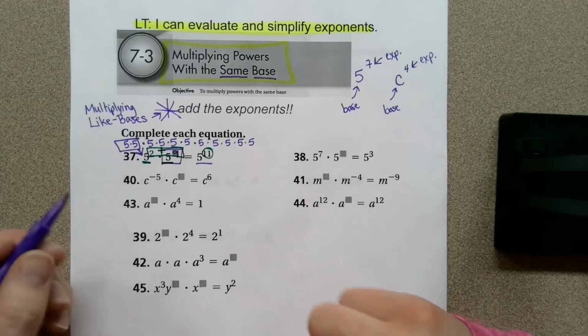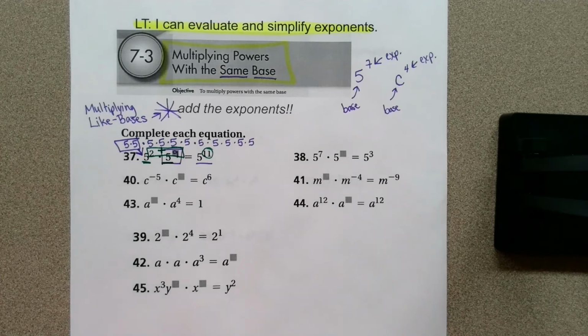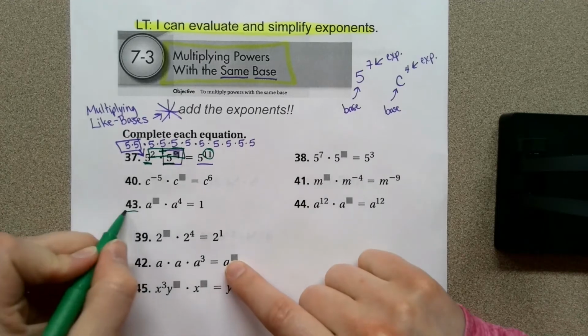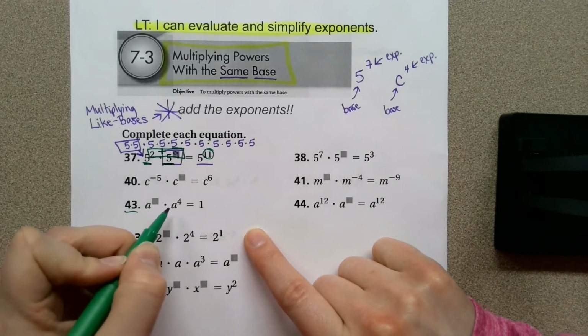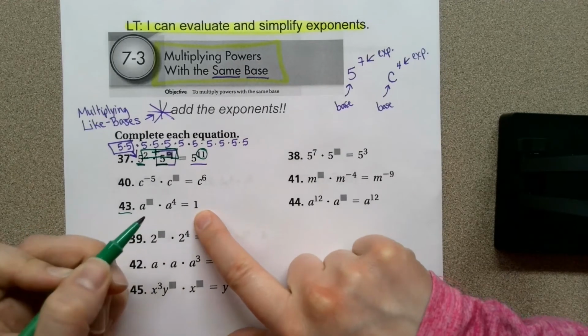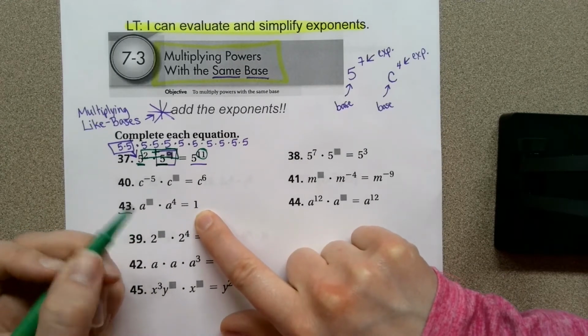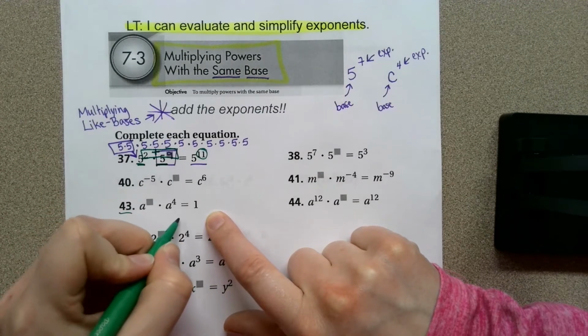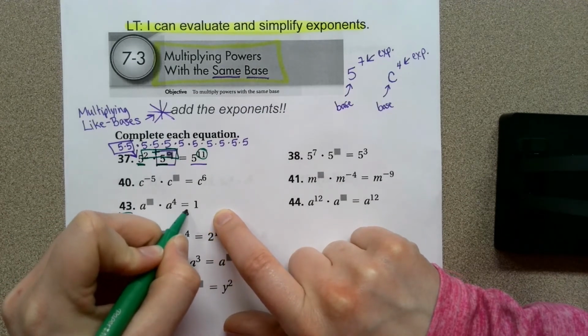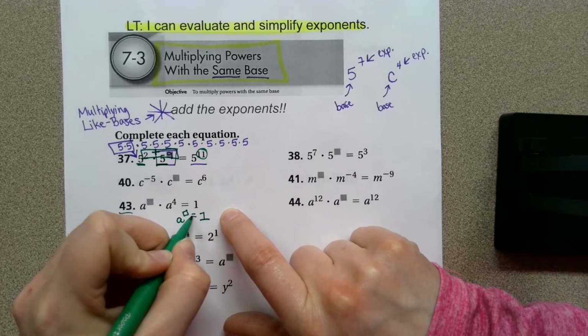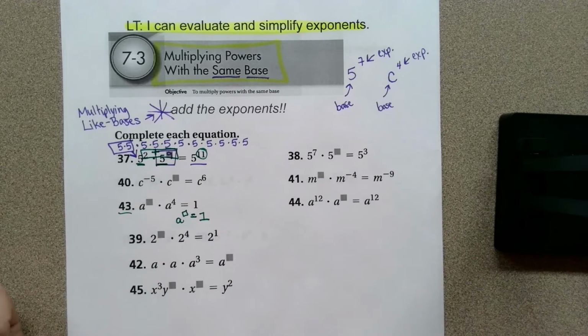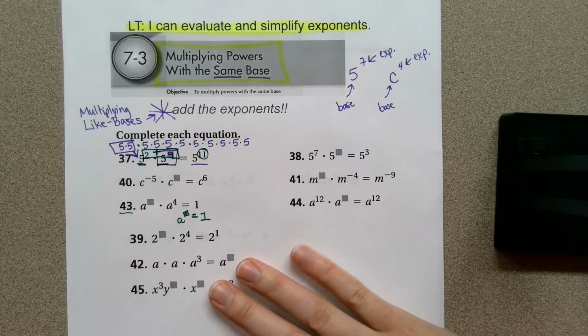So we're just going to fill in a few of them. If we look at number 43, a to some power times a to the 4th is equivalent to 1. We have to figure out, well, a to what power is equivalent to 1? What would make it 1? We learned in lesson 7.1 that anything to the 0 power is equivalent to 1.